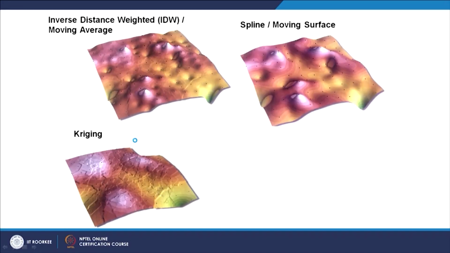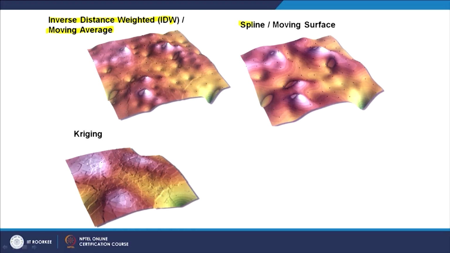Now, here using the same input points, 3 surfaces have been created using the 3 nonlinear interpolation techniques which we have just discussed. The first one is the IDW technique, and the option we chose is moving average. This surface is shown as a 3D surface, but that does not matter. This is how the surface will look.